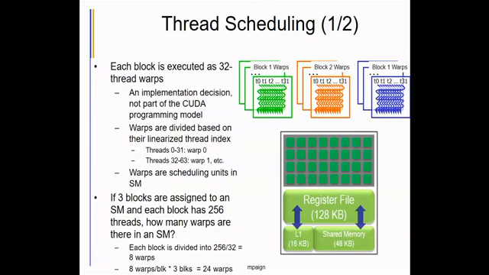Okay, so last time we ended right around here, and we said that every thread block is going to be assigned to one of the streaming multiprocessors, and the thread blocks are going to be divided into these 32-thread warps, okay? And you can have any number in your thread block from 1 to 1,024.